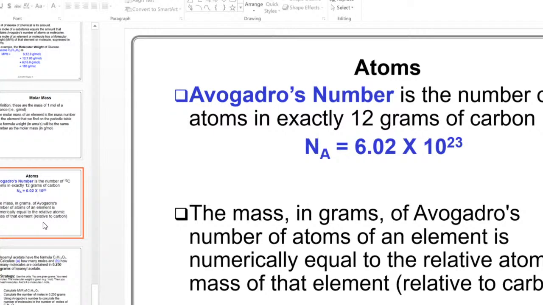If you are looking at how many molecules are present in a given substance, you basically say 6.02 times 10 to the power 23 molecules are present in 1 mole. That's the importance of Avogadro's number.